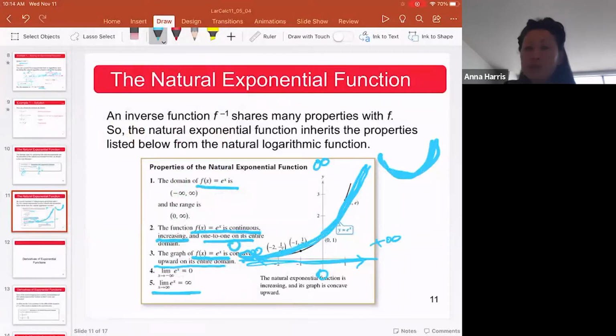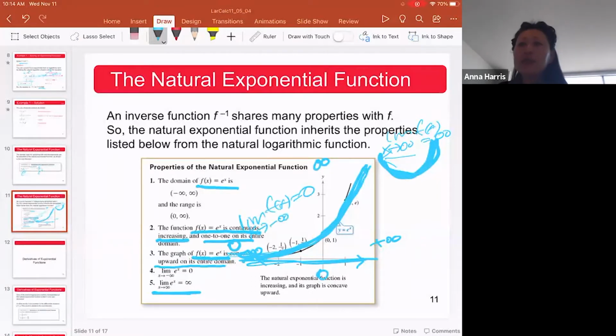The limit as x approaches infinity of this function is infinity, and the limit as x approaches negative infinity of f of x is equal to 0. So that's where you're approaching right here, 0.